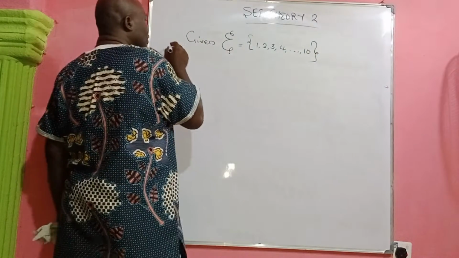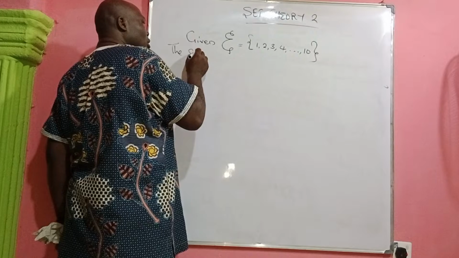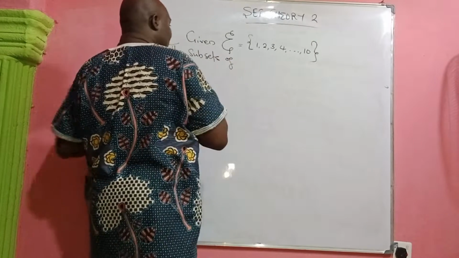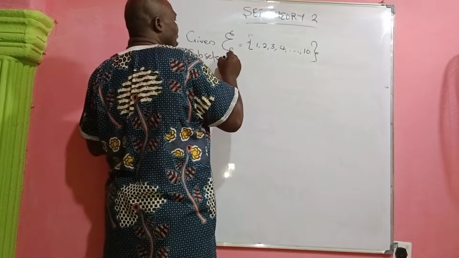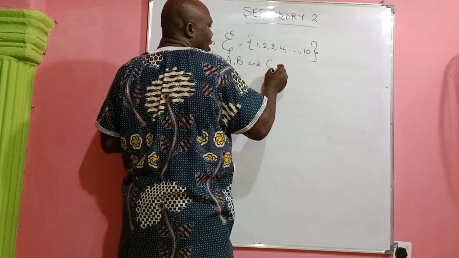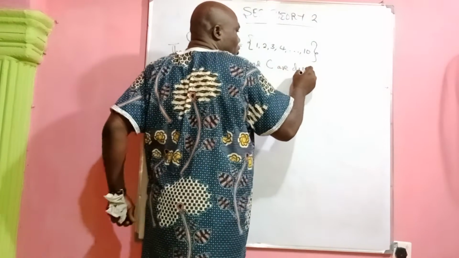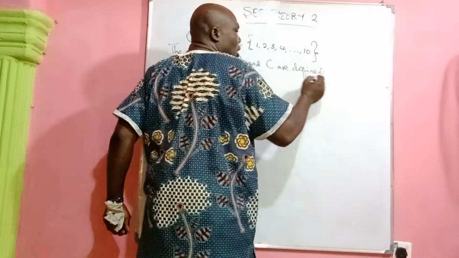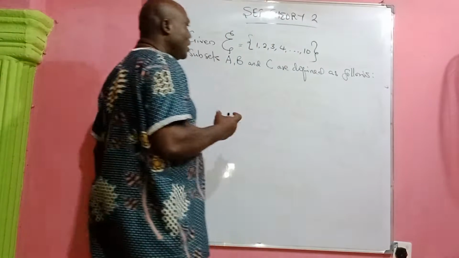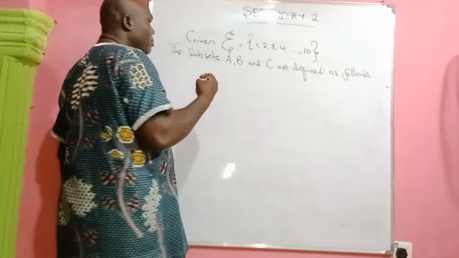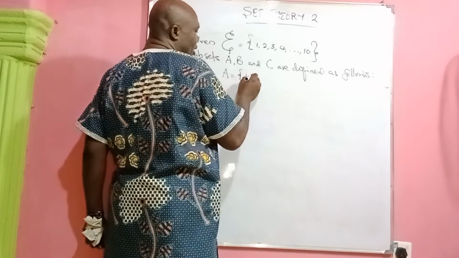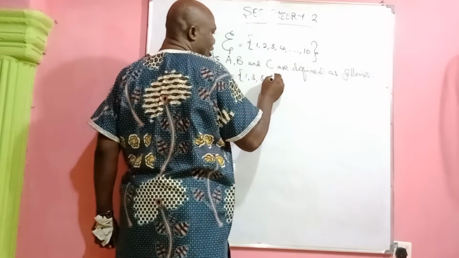And now the subsets A, B, and C are defined as follows. That means A, B, and C are subsets that are extracted from the universal set. So they might give you A to be, let's say, 1, 3, 5, and 8.